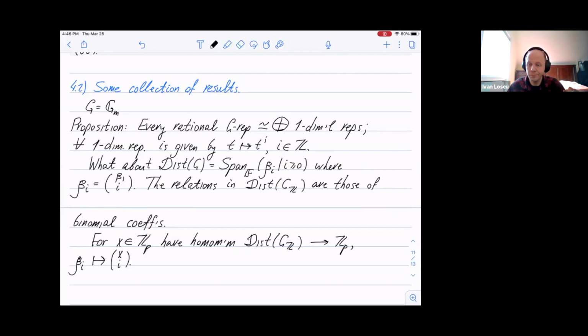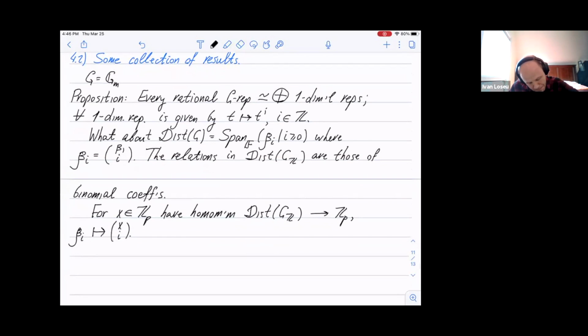Okay. Now, what I can get from this is a homomorphism from this algebra to F_p. And F_p, of course, sits inside of F.